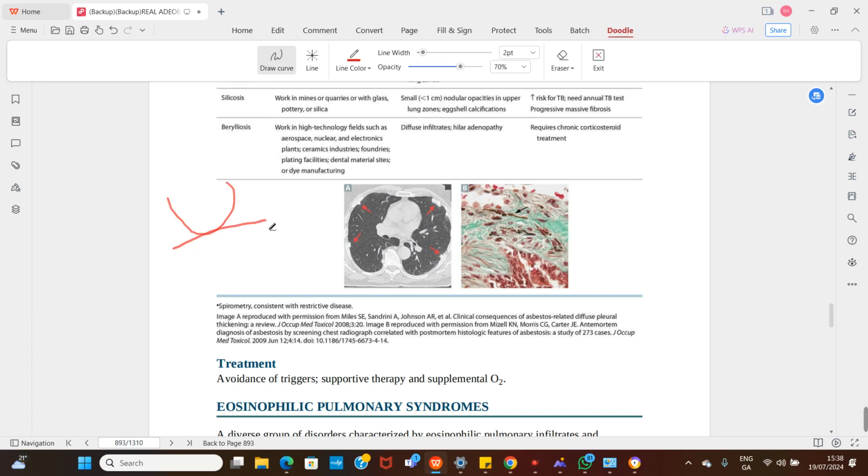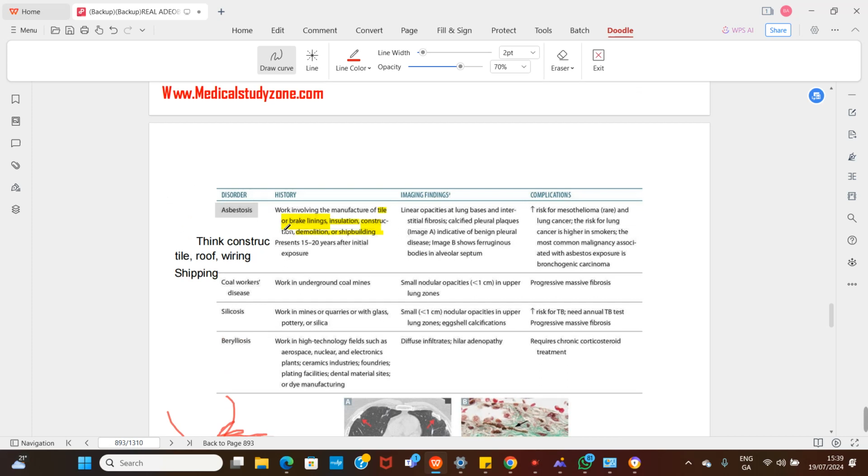Beneath the lungs is the diaphragm here. So because this thing affects the base of the lungs, you are going to see your opacities, the plaques here, the base of the lungs, and of course they are going to be affecting the supradiaphragmatic portion as well. So if you are seeing supradiaphragmatic plaques and pleural plaques in a patient, think about asbestosis.